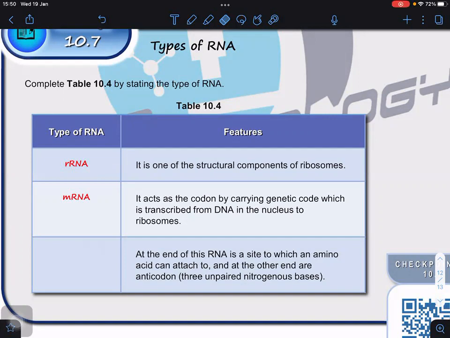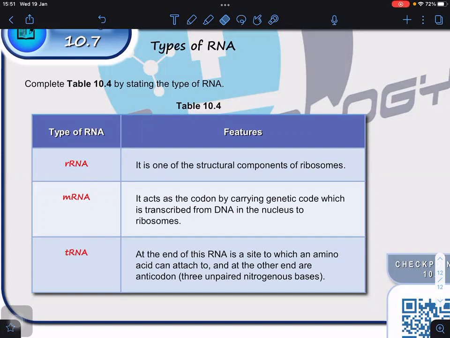So next, at one end of this RNA is a site to which an amino acid can attach, and at the other end are anticodons, 3 unpaired nitrogenous bases. This one you guys haven't learned before, but note that this RNA is special because it carries, or transfers, or transports amino acids. So that's why it is termed transfer RNA, or tRNA.